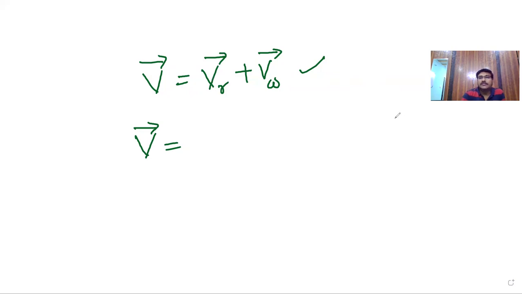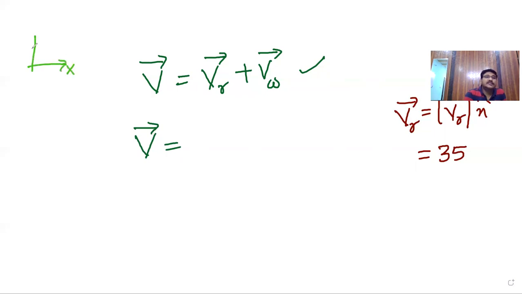VR bar is the magnitude of VR multiplied with the unit vector in that direction. Magnitude of VR is 35, its speed in meter per second. The general directions of the coordinate axes, x-axis, y-axis, z-axis: I bar is the unit vector along the x-axis, j bar along the y-axis, and k bar along the z-axis.